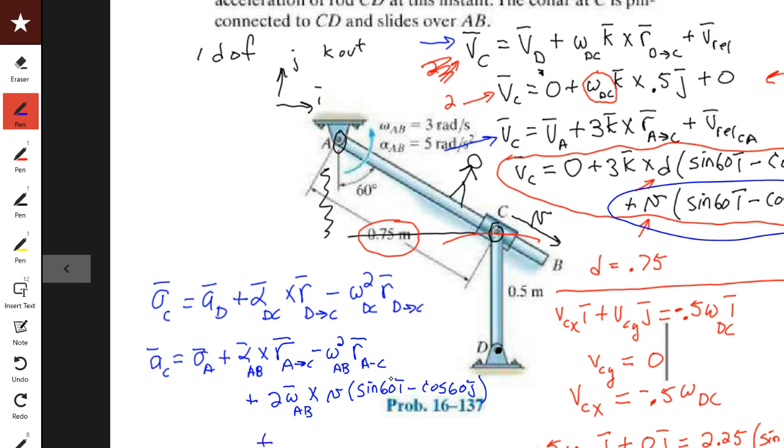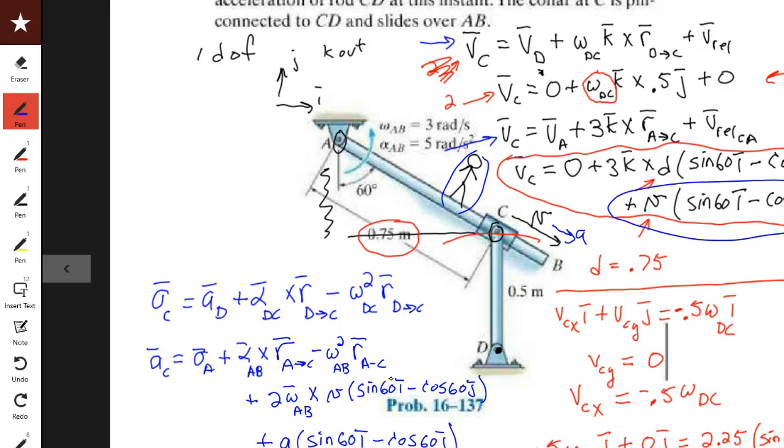And the AREL you get by pretending to stand on the pipe, and I think that maybe it is accelerating out this way. I'm just going to call it little a. So it'll be little a, but it's along the pipe, which will be sine of 60 I minus cosine 60 J.